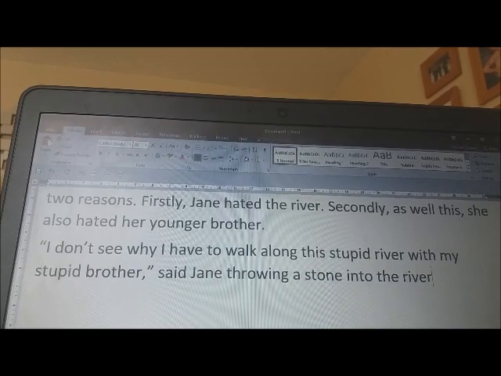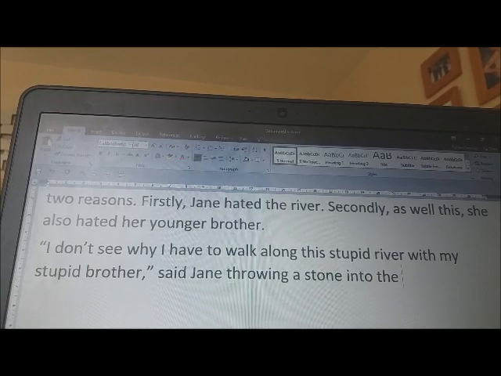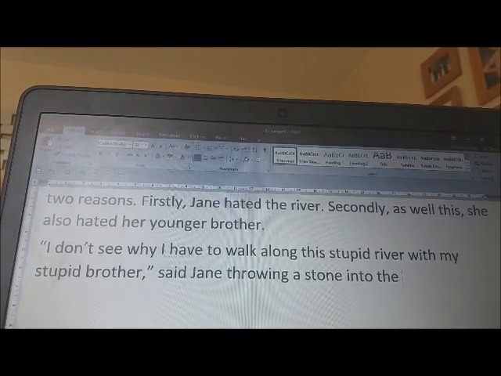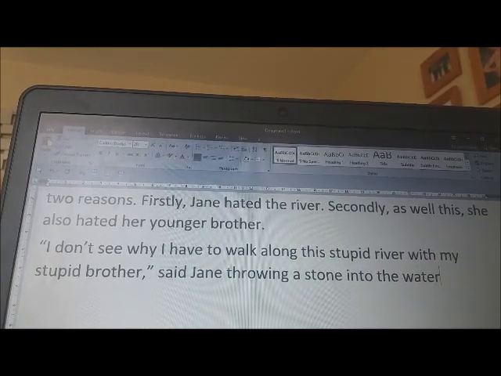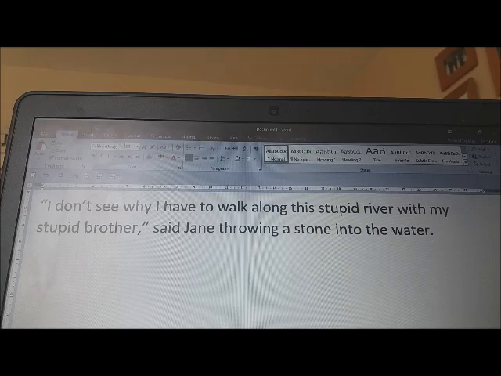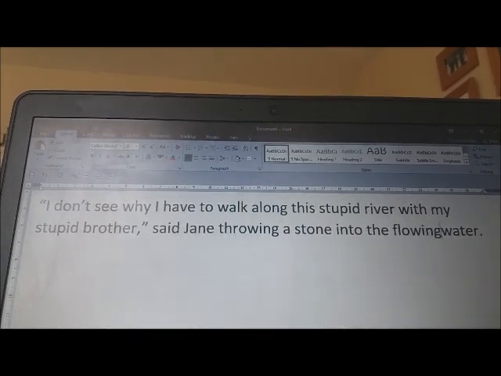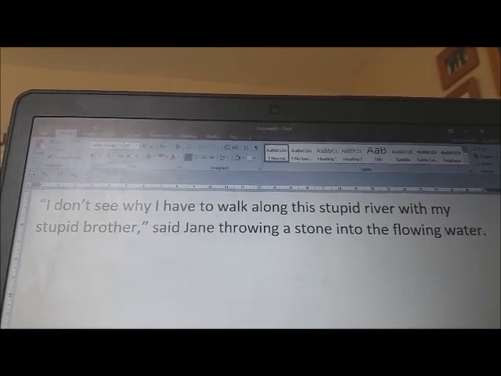But we've already used the word river once. Now, it's not a big problem to use it again, but if we can avoid using it, then we will do. So what we've got to do is make sure that the reader understands that the stone is being thrown into the river. So we could put into the water, or we could make that a little bit better by saying the flowing water, just in case they thought it might have been a puddle or something.